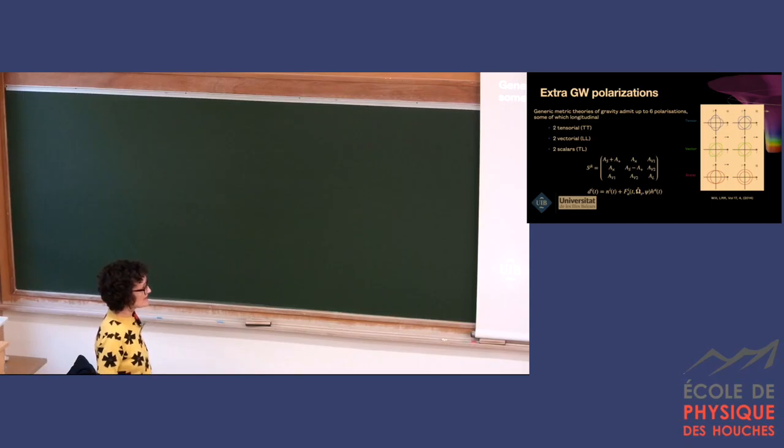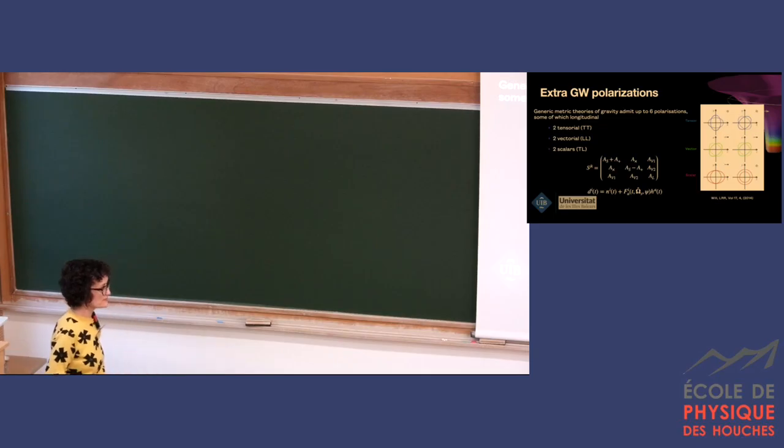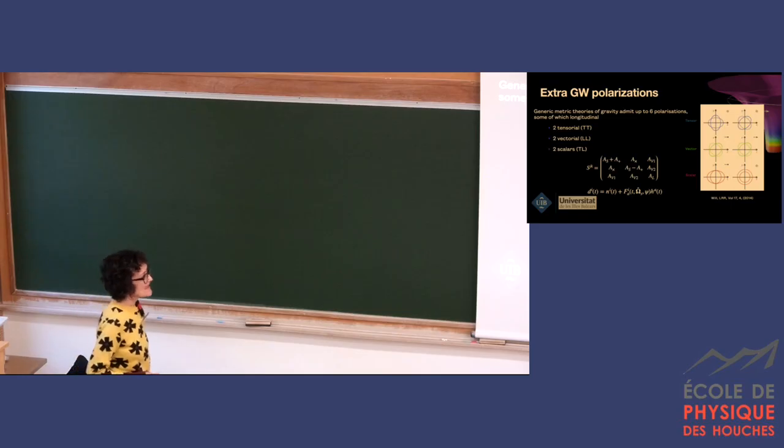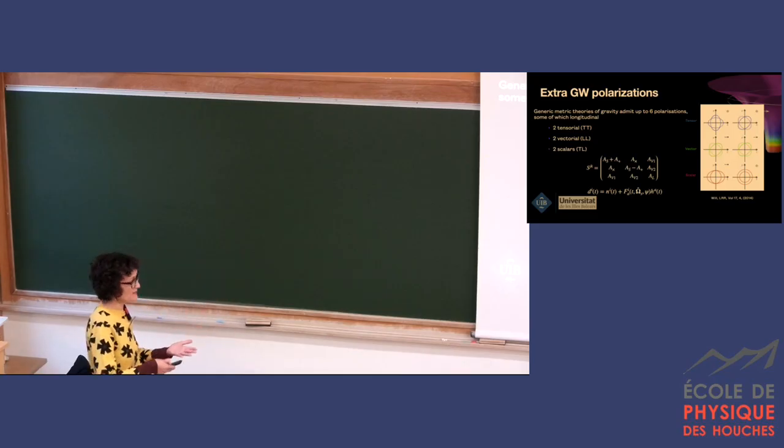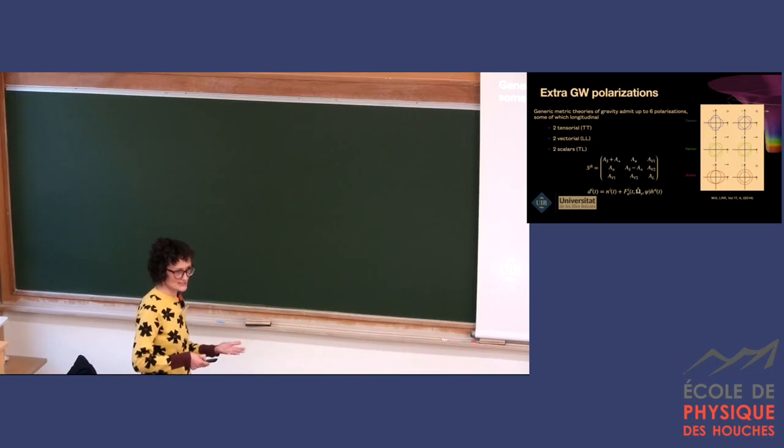So another way to look at this is also studying the response of a detector to the passage of a gravitational wave. You can write down something like this, roughly speaking, where this is your data stream, then you have some noise, and then you have the response of your detector multiplying the polarization basis that you're using. And this is a kind of projection in the space of your polarization hypothesis.